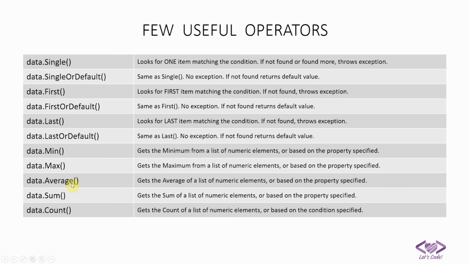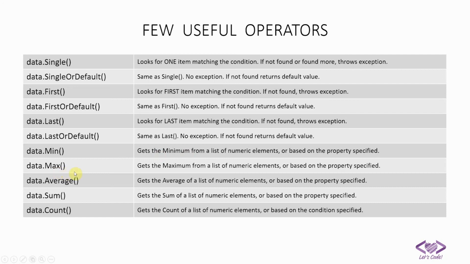And we have some aggregate operators like min, max, average, sum and count. So min looks for the minimum of the list. If it is a numeric list, it will just take out the minimum of that, or if it is a list of objects, then on the parameters you have to specify the predicate, that is nothing but your lambda expression, to tell based on which property you want to get the minimum.